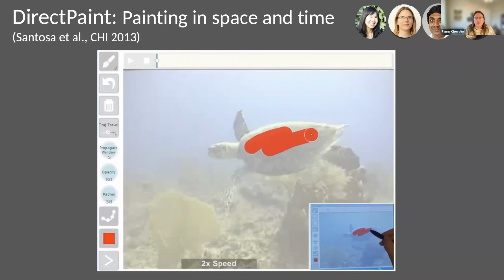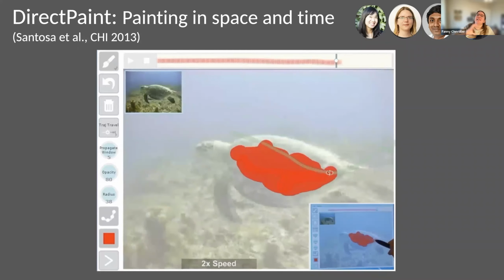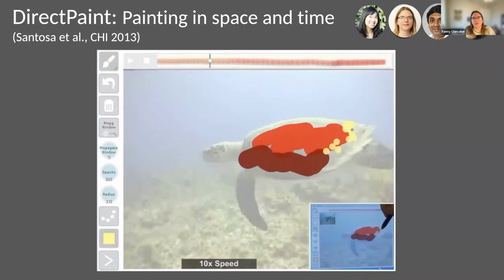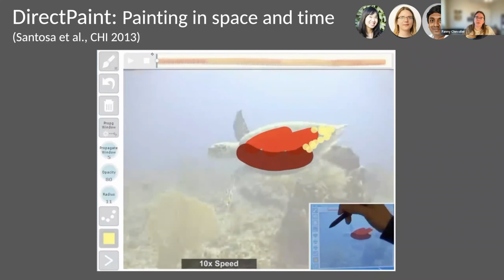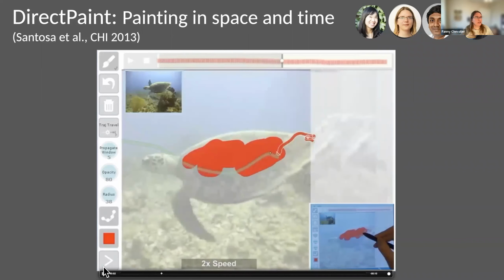Here you can draw in space on a typical canvas, and then you can propagate this paint over time by using the information that we know from the video. This is all achieved within the same interaction. Let me show you that more slowly. At the beginning, you apply paint on the canvas. That's spatial painting. Then as you trigger with pressure, you see this path appearing.